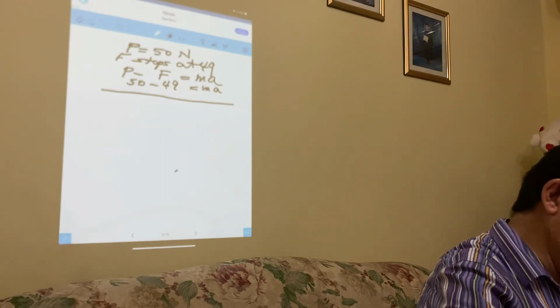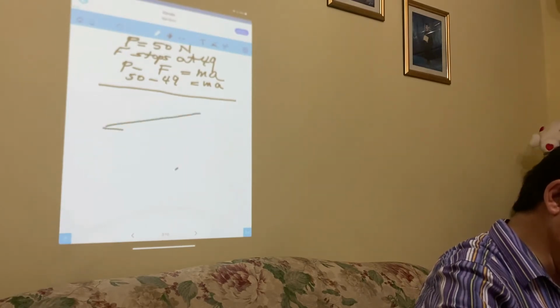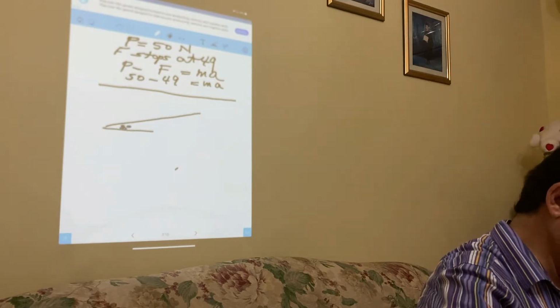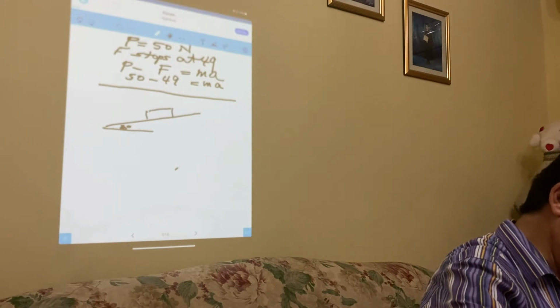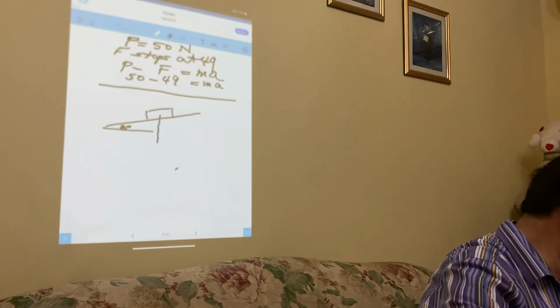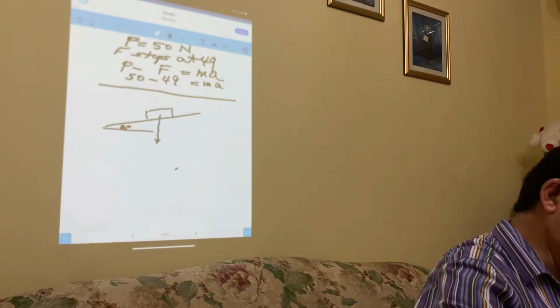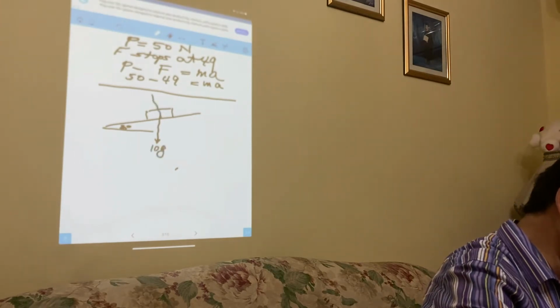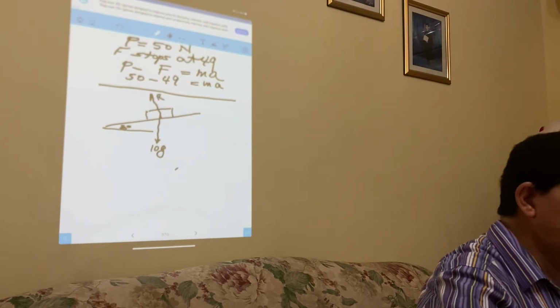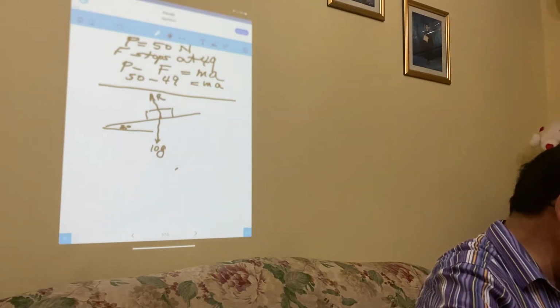If a plane is inclined at 20 degrees and the block is there, the weight of the block is the mass 10 by g, the weight. The normal reaction is there, right?